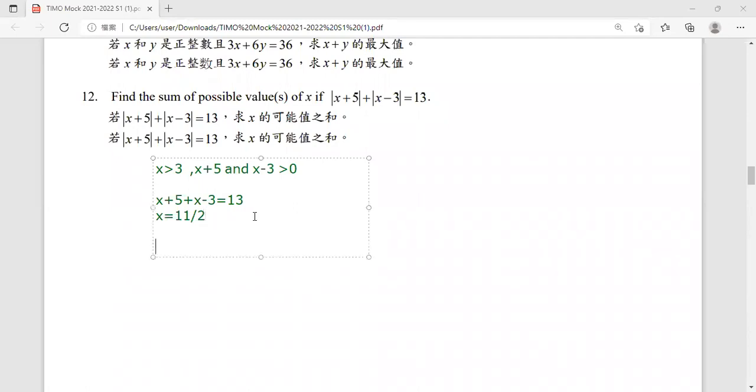And next case. X is greater or equal to negative 5. Then x plus 5 is greater than or equal to 0, but x minus 3 is less than 0.